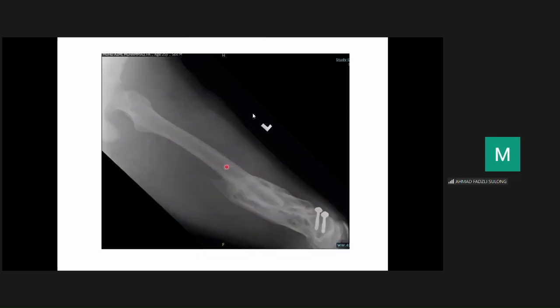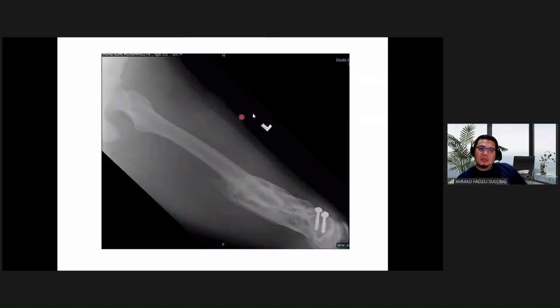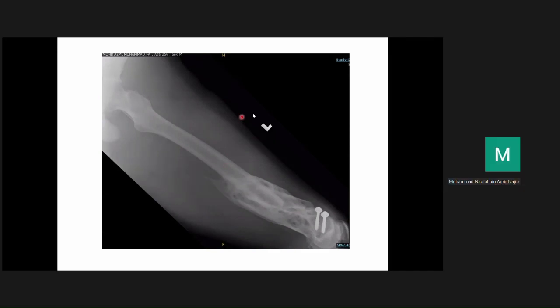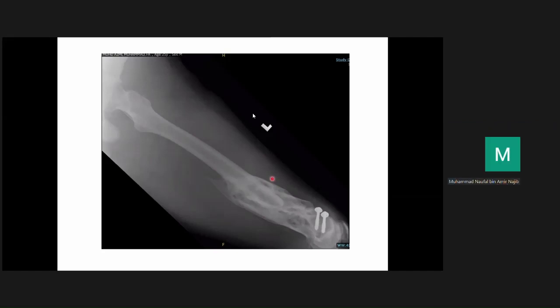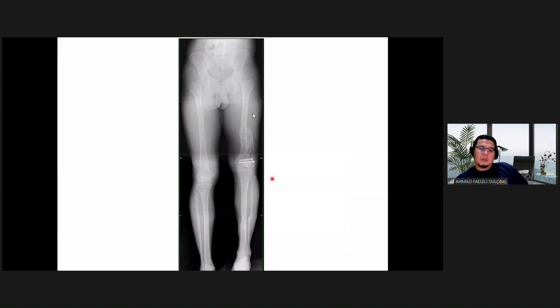Okay, this is the lateral view. What do you think the fracture was before? What type of fracture it was before? Itu tak penting, tak apa. What else you want to see when you describe an X-ray?